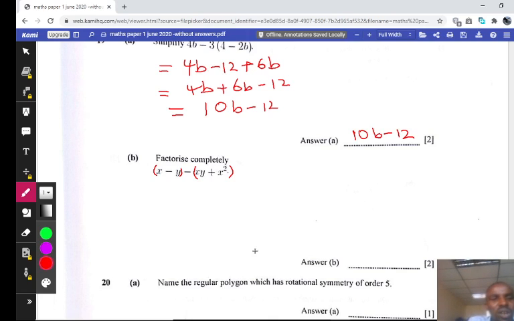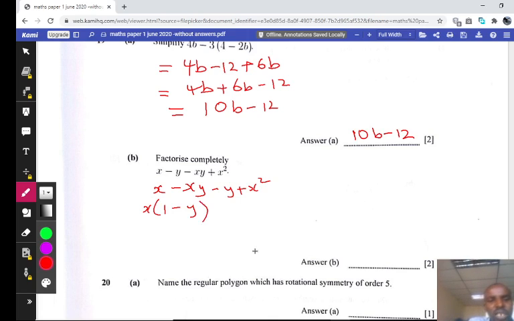I can take x minus xy. Let's see if we can do minus y plus x squared. Then take 2 and 2. On this one, you factor out x. Then it will be 1 minus y.